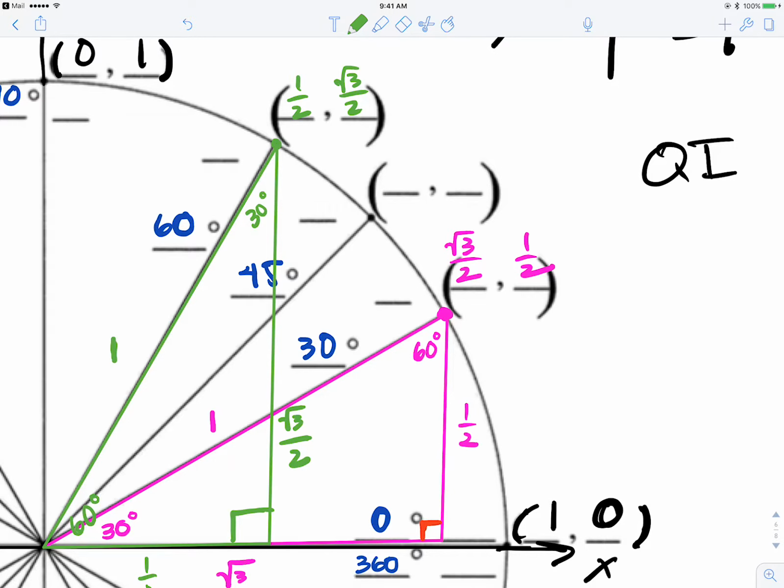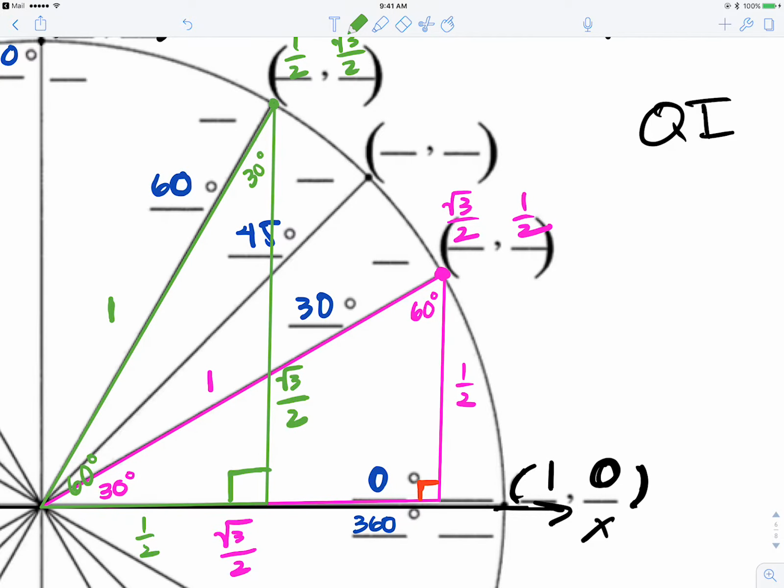By looking at the triangle, looking at the sides of the triangle, right? This side is going to correspond to the x value of the point. And then this side of the triangle will correspond to the y value at the point.